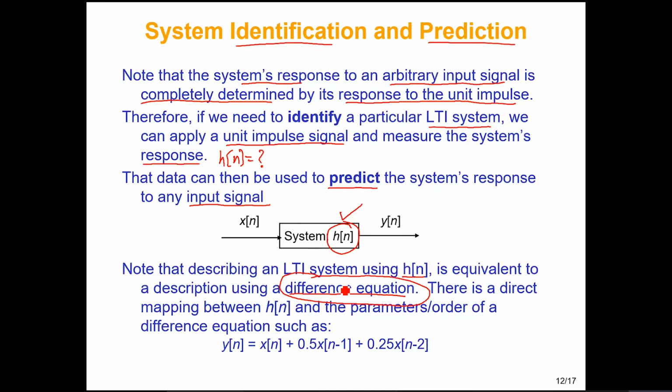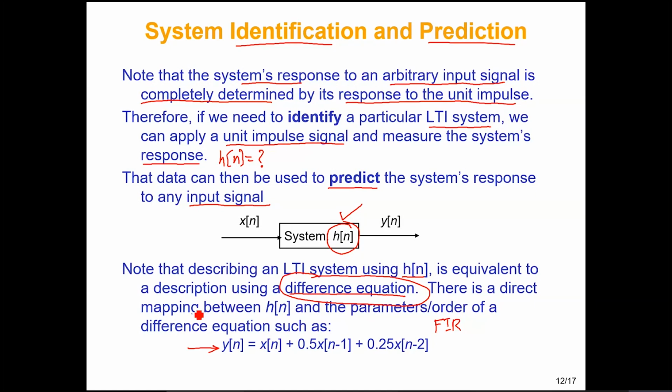We can just give the value of x of n in this difference equation and find out the output. The example is shown right here. This we saw earlier also, when we saw three different systems. This is a system having feed forward terms only in its difference equation, and this is going to be an FIR system.